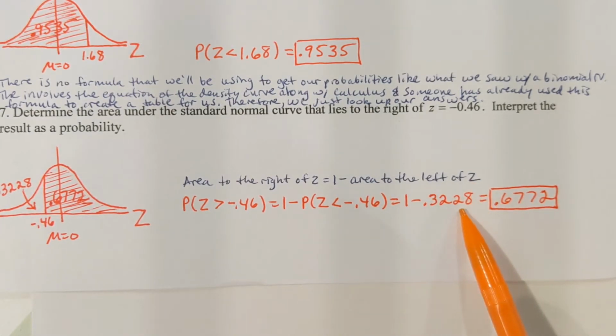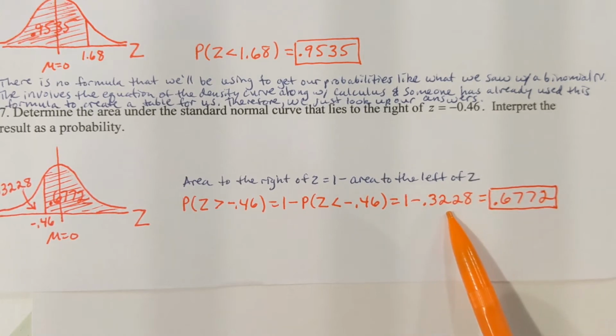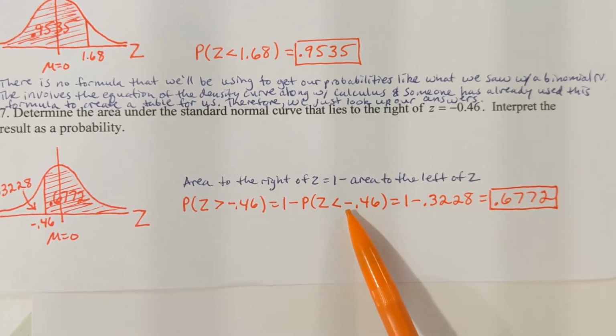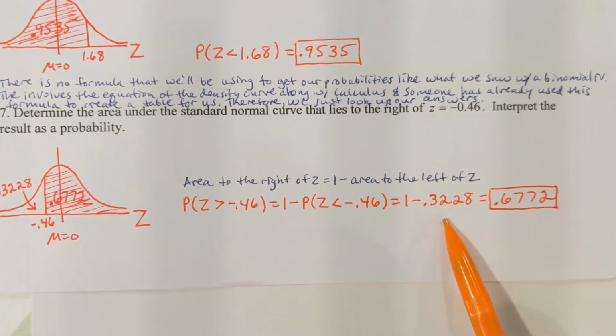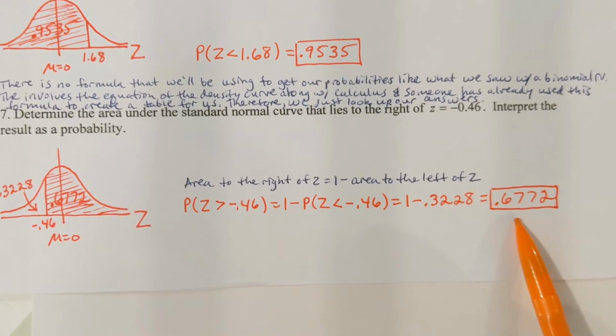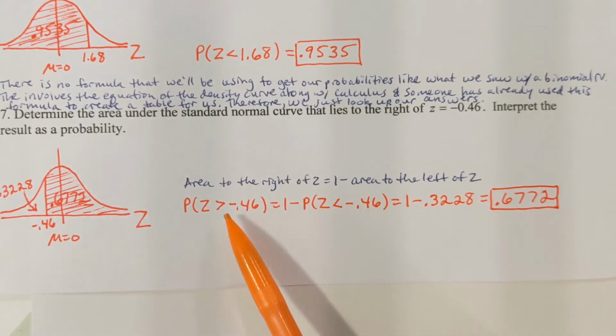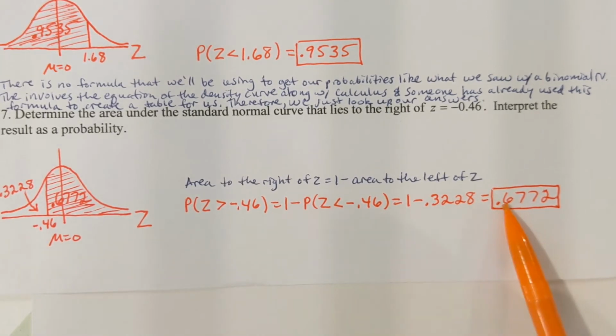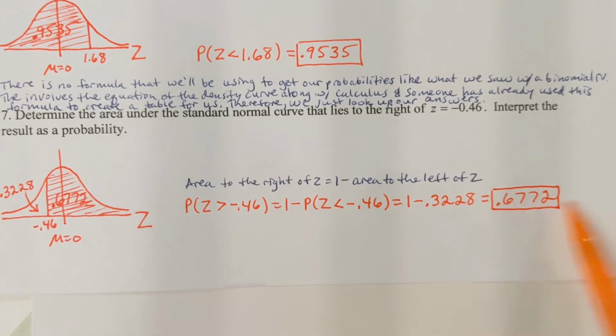The table only gives the area to the left, so we went to the table. We looked up that number that is to the left of negative 0.46, and we subtract that from 1, and we get our answer. Okay, so the probability of z being greater than negative 0.46 is also 0.6772. Area and probability mean the same thing.